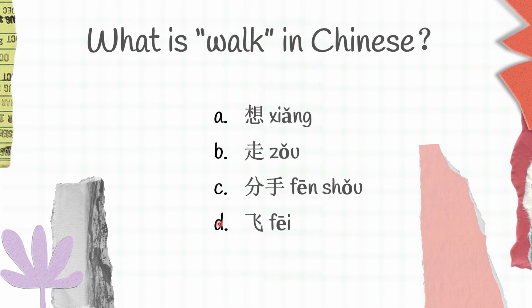Which one do you think is the correct answer here? 想 is want, 走 is walk, 分手 is break up, and 飞 is fly. So the right answer for this question is B.